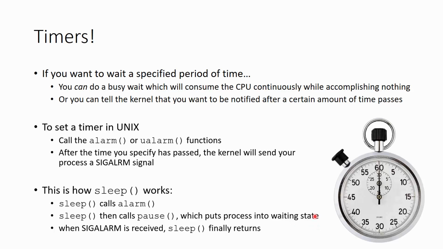We'll talk more about pause in a moment, but one of the things it does is allow the process to still receive signals, even though it's sleeping, which that sleeping state normally wouldn't do. But because you used pause here, it puts us into a waiting state. When that SIGALRM signal arrives, sleep returns and the process continues. So that's what that's for. And yes, that ualarm function really does deal with microseconds instead of seconds, like alarm does.